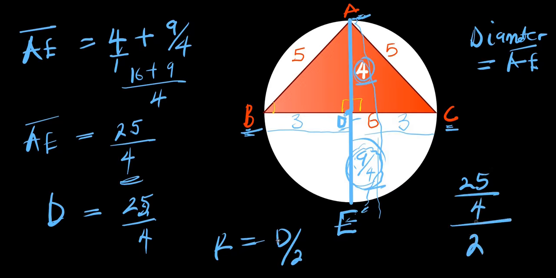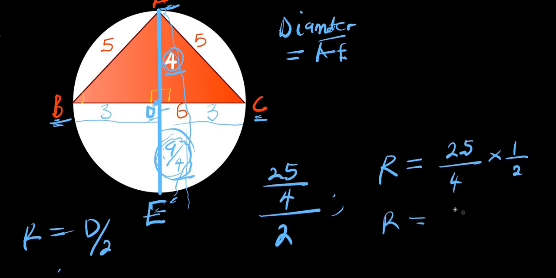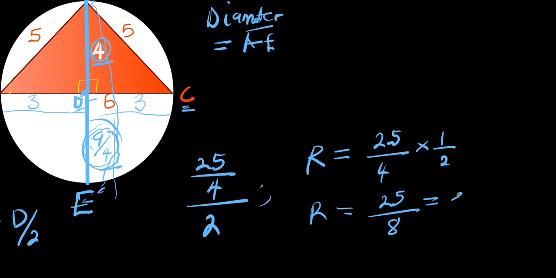That will be our radius. Radius is diameter divided by 2. So from here, we have radius equals 25 divided by 4 times 1 over 2. So our radius equals 25 times 1, 25 divided by 4 times 2, we have 8. And 25 divided by 8 is 3.125. So our radius is 3.125.